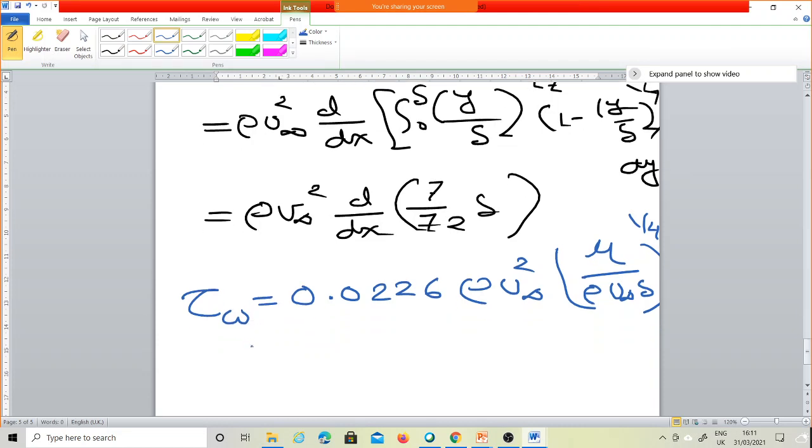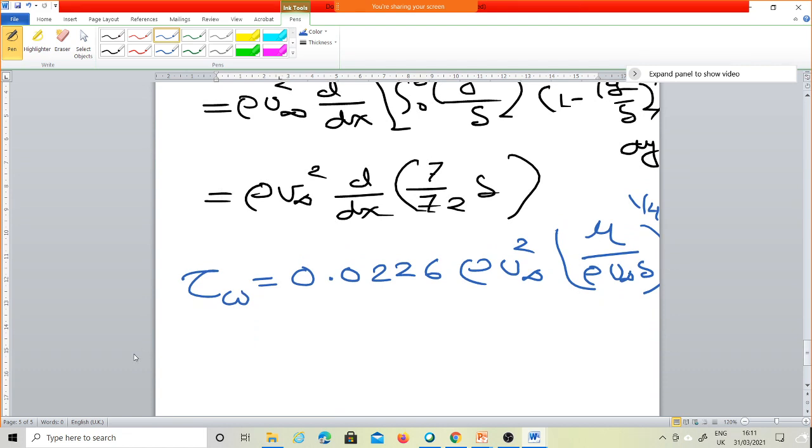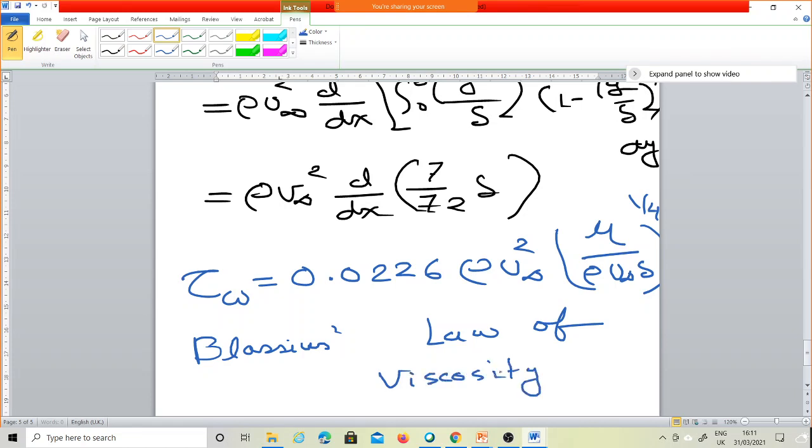This equation is known as Blasius law of viscosity. We will only use this equation when you see that your relationship is y by delta to the power 1 over 7. So that is the turbulent flow. You cannot use it for the laminar one.